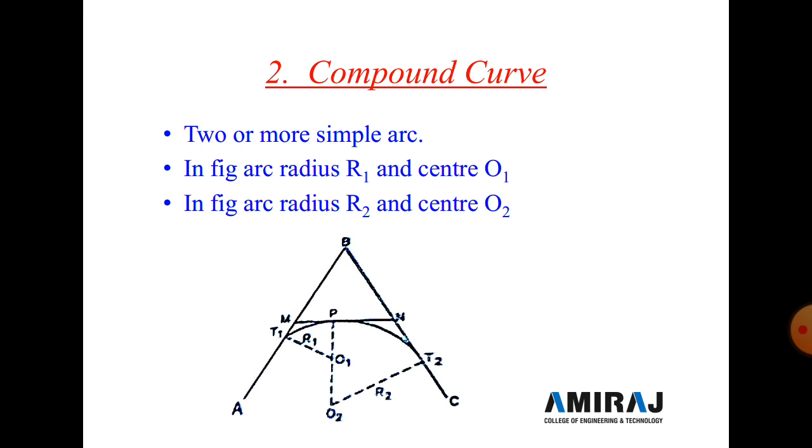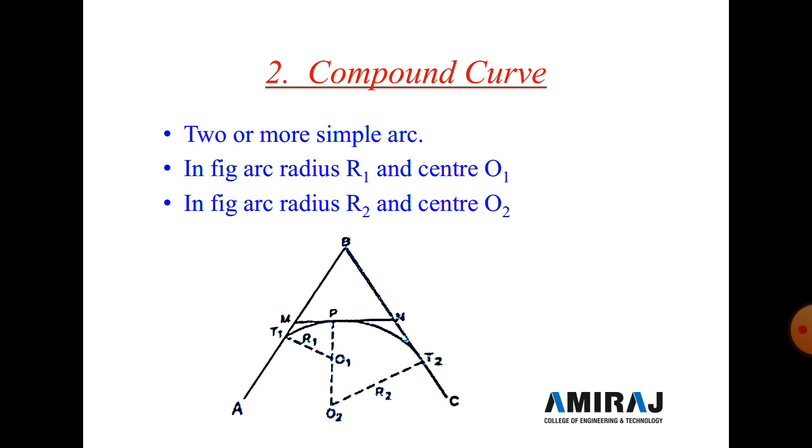Here T1 is the starting point of the curvature and T2 is the end point of the curvature. So two or more simple arcs are there: T1 to P and P to T2. So it is two simple arcs. In the figure, the radius is R1 with center point O1, and the radius is R2 with center point O2. Clear? It is a compound curve.